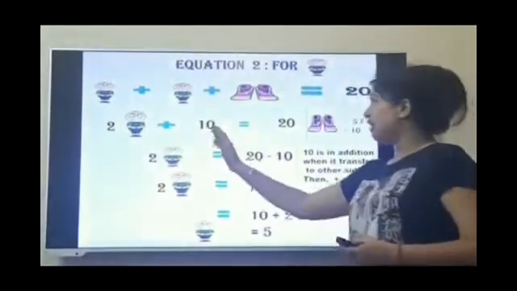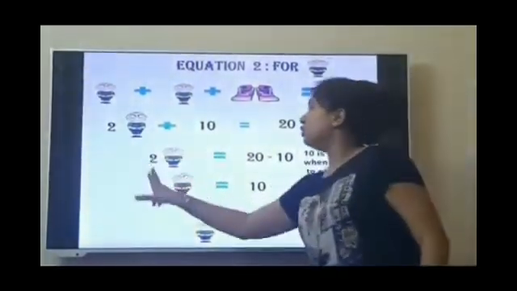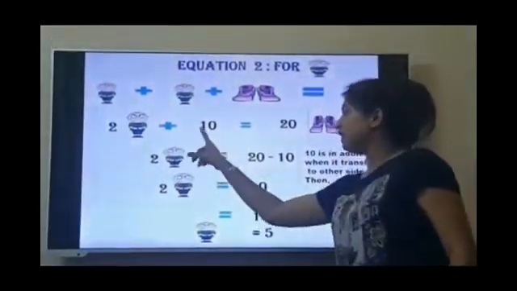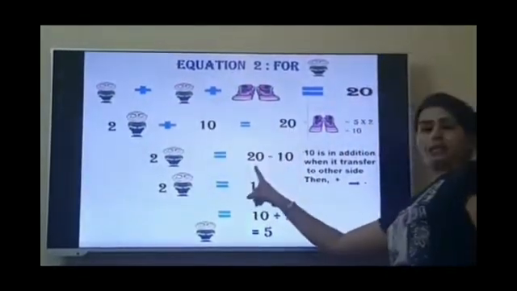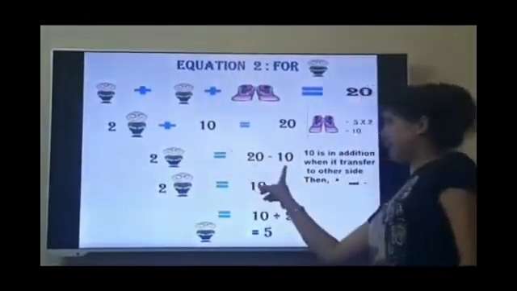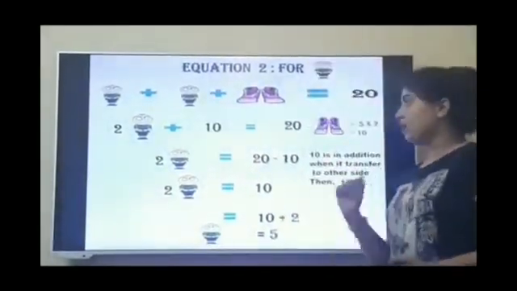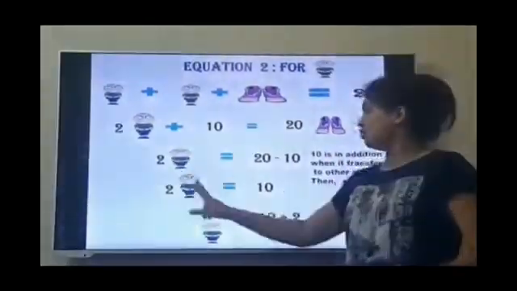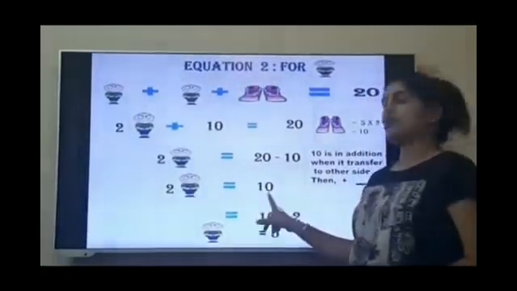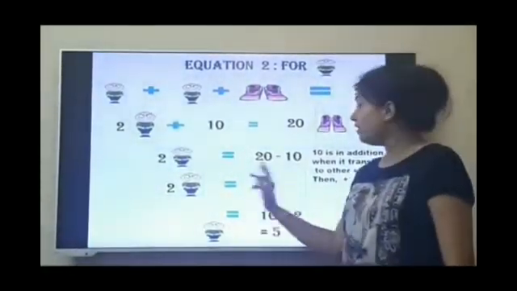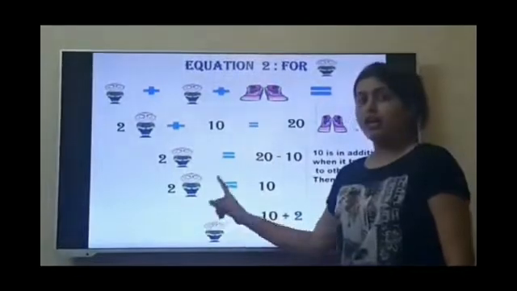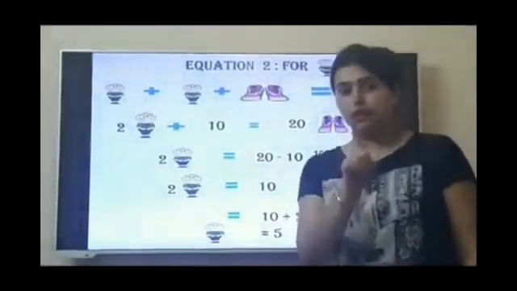Okay. So here you can see 2 boy. I transfer it to the other side. This is 20, and this plus 10 is here minus 10. Got it everyone? Now, again 2 boy, 20 minus 10 is equal to 10. Now, this is 2 boy, I have to calculate the value of 1 boy.